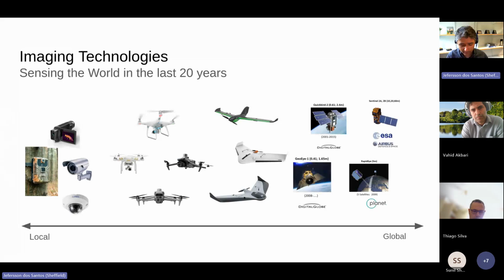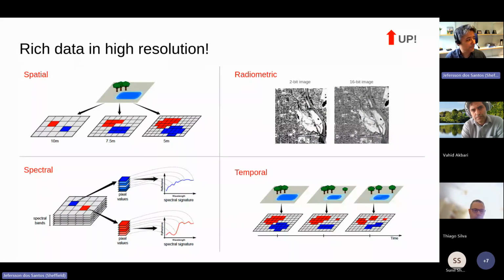So it expanded a lot the capabilities we have to explore the potential of artificial intelligence in monitoring the environment or agriculture. So now we have rich data in high resolution, in any kind of resolution you may want: spatial, spectral, radiometric, temporal. It depends a lot on the application you are dealing with. So we will have access to some different rich data.